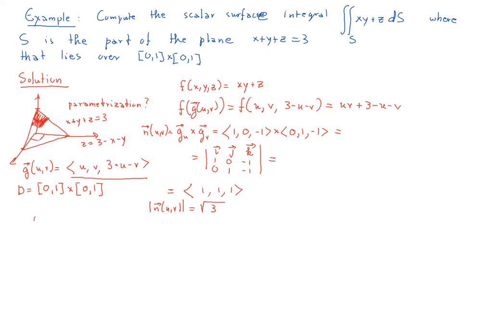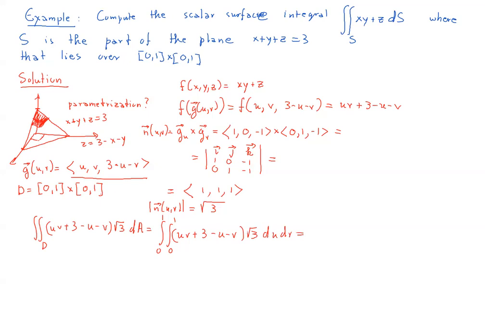So now we're able to put everything together. It will be the double integral over the domain of the parameterization D of the pullback of the function, uv plus 3 minus u minus v, times the length of the normal vector, which is square root of 3, dA. This will be the integral from 0 to 1 and 0 to 1 of uv plus 3 minus u minus v, all multiplied by square root of 3 du dv.